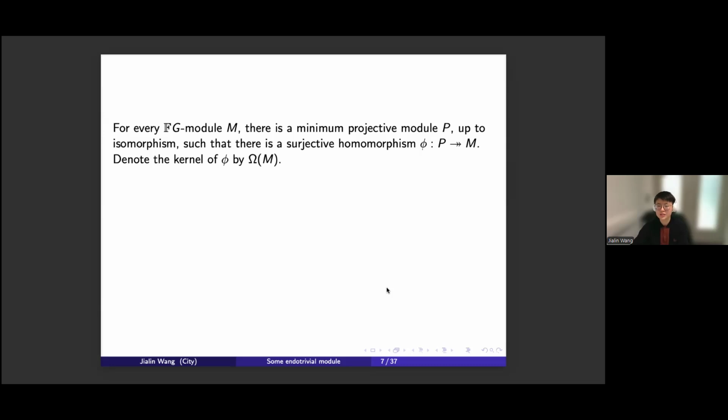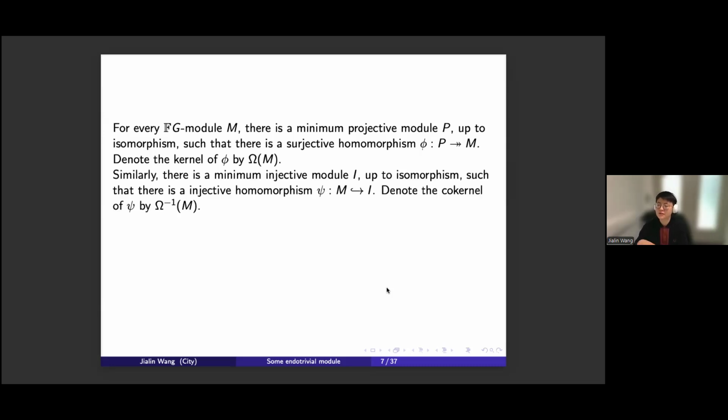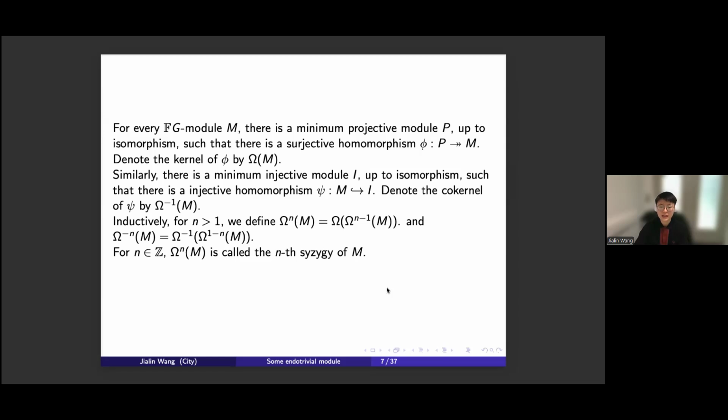A projective cover is a minimal projective module P such that there is a surjection from P to M, and the kernel of this surjection is the first syzygy of M, denoted by omega M. Similarly, you take the injective hull of M, which is the minimal injective module I such that M can be embedded into I, and the cokernel of this embedding is the negative first syzygy of M. And then you can define any omega n of M inductively.